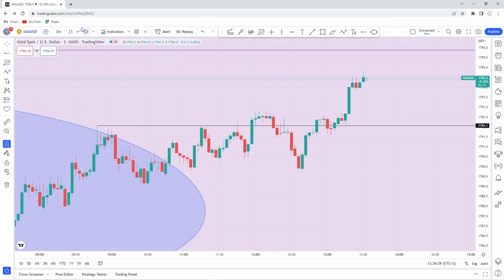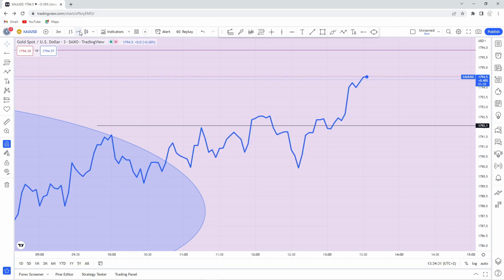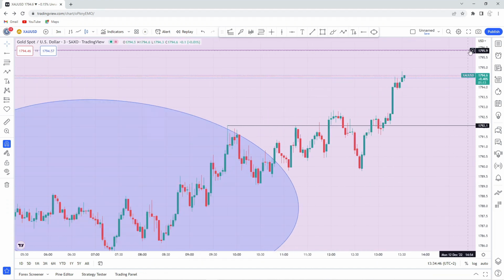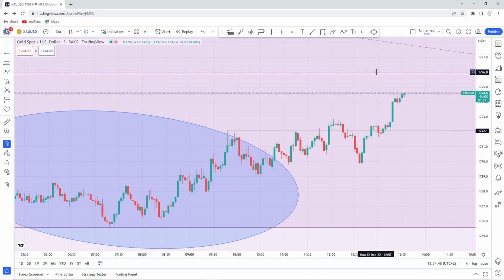So the issue is risk, and at the same time make sure you give your reward a chance. You don't need to enter the markets and be like, oh, I wish I stayed longer. Give it space, allow it to go to 1:5, 1:7.